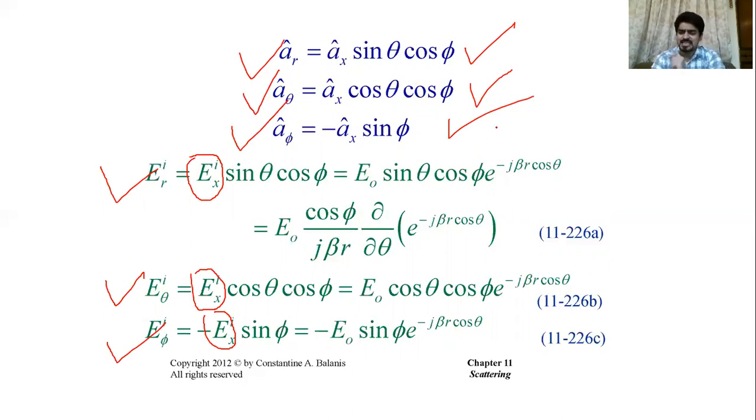Now for that Ex itself, if you remember, we can represent it as an infinite summation of the spherical Bessel function and the Legendre polynomial. We just derived that.